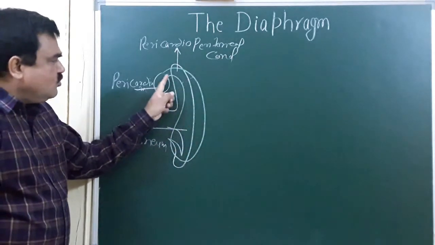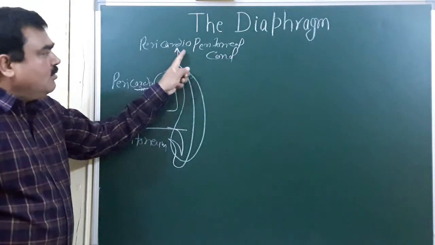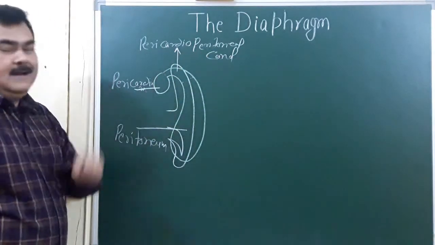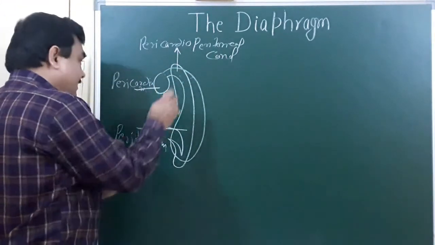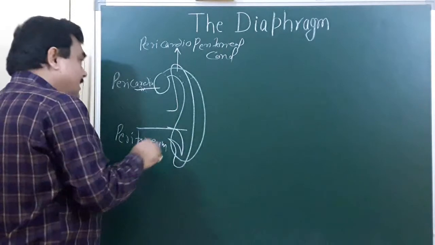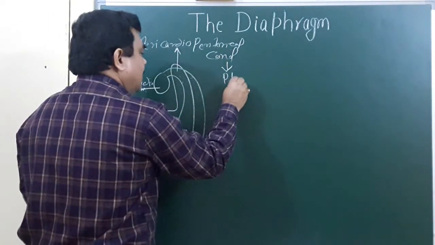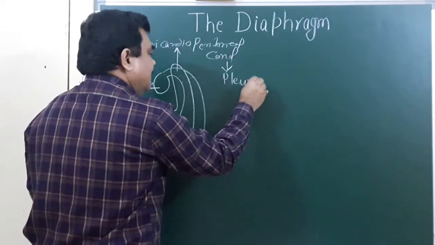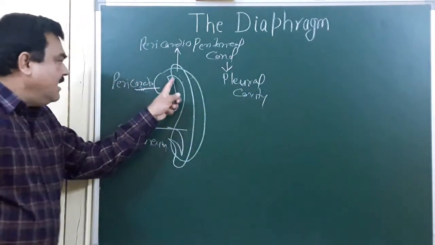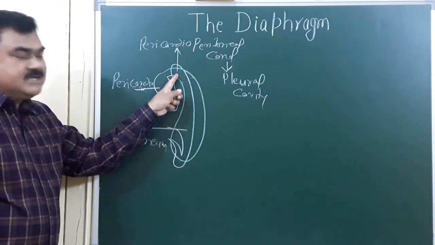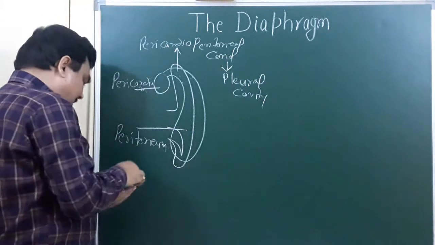Between these two cavities, this is a canal, known as the pericardio-peritoneal canal. In this canal forms the pleural cavity, and the lung bud grows into this cavity. So this forms the pleural cavity.